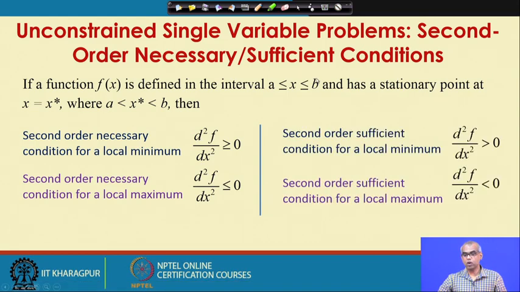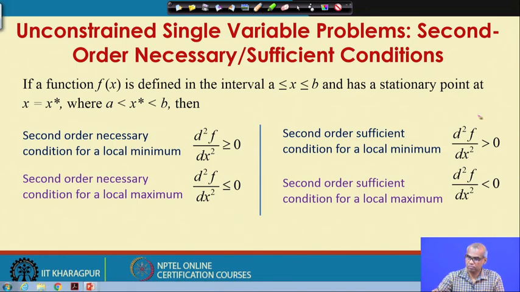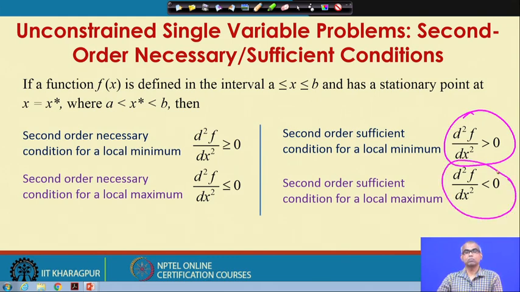Now, let us talk about sufficient conditions. So, second order sufficient condition for local minimum is d square f/dx square is greater than 0. Similarly, second order sufficient condition for a local maximum is d square f/dx square less than 0. So, df/dx equal to 0 is the first order necessary condition and gives you the stationary point.